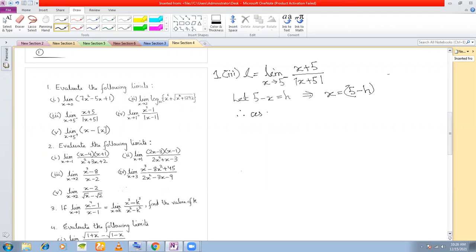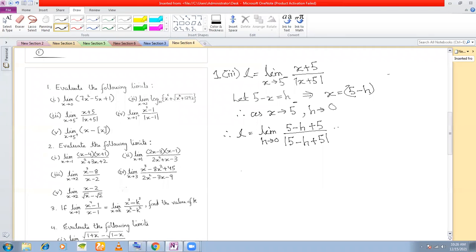Therefore, as x tends to 5 minus, h must tend to 0. Therefore, what is L here? L is limit h tends to 0. Put 5 minus h instead of x, divided by mod 5 minus h plus 5.